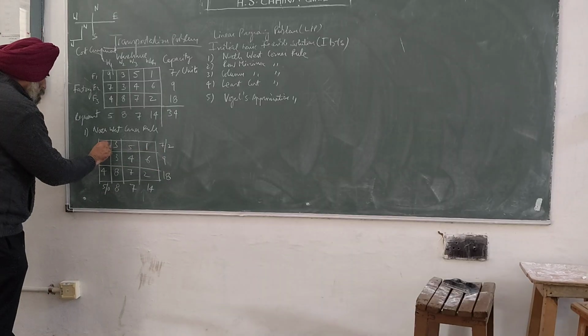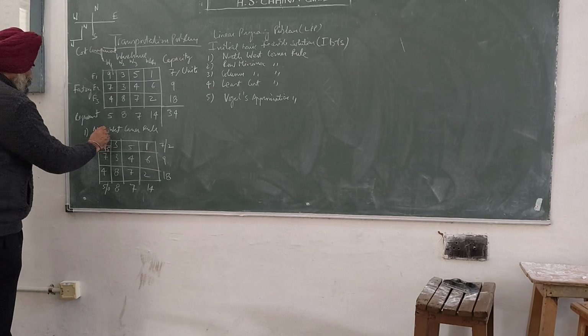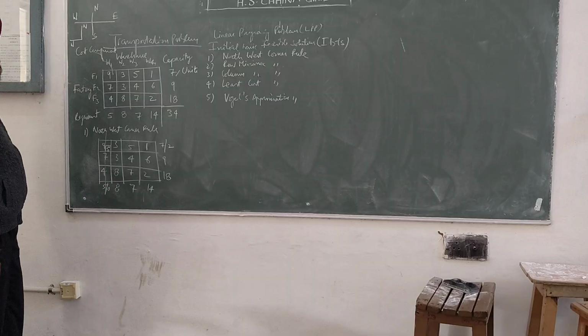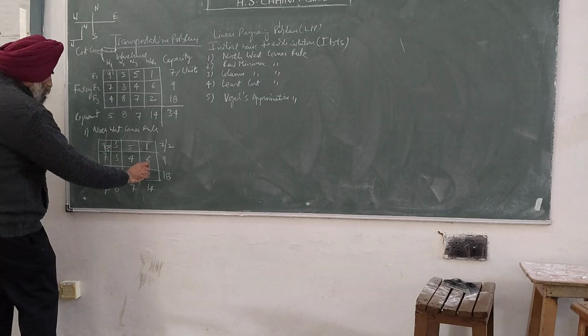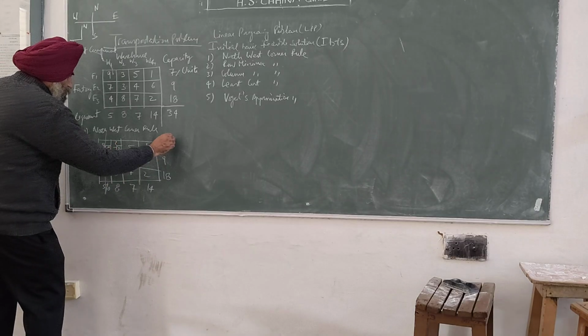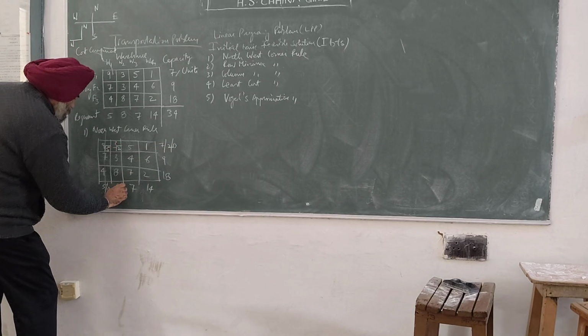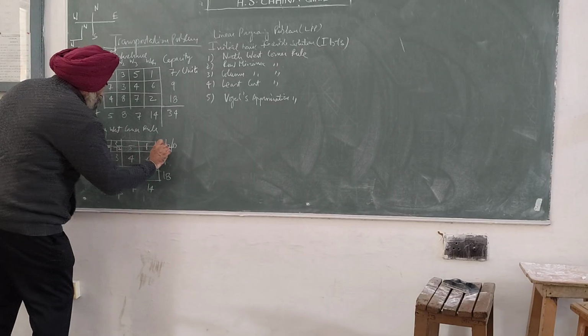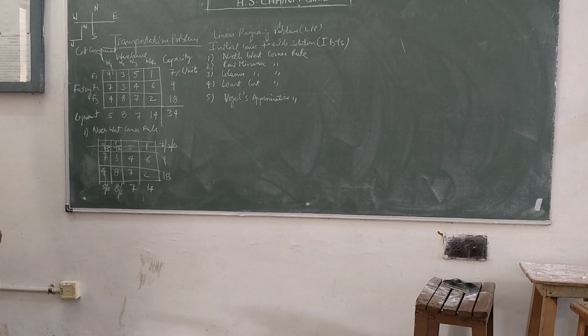So here you are going to allocate 5. Now this column has been exhausted. Go to this one now. Again northwest: this is 2, this is 8. The minimum value is 2, leaving 0 and 6. This row has been exhausted. You can't move further till the whole of the row or column has been exhausted.